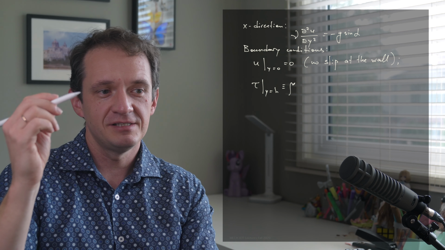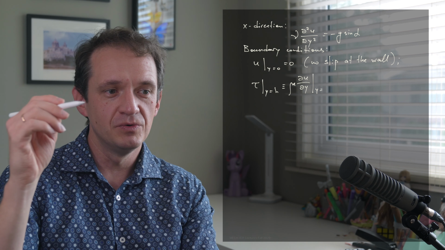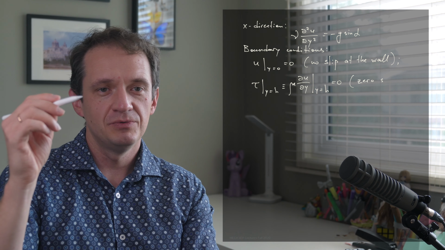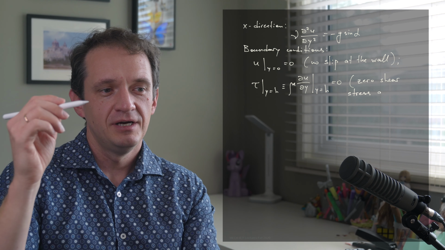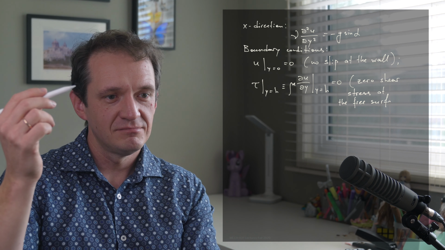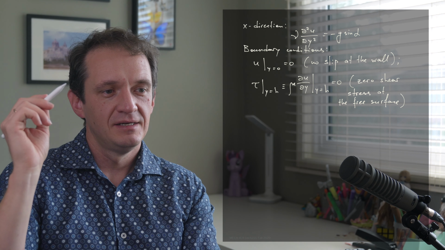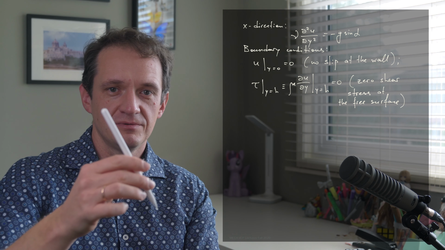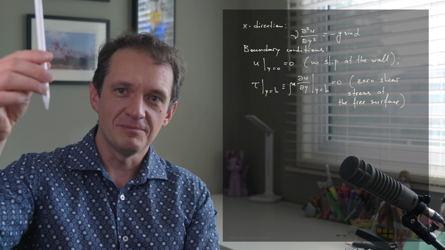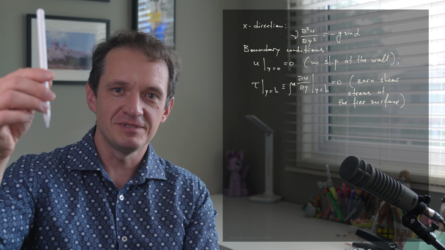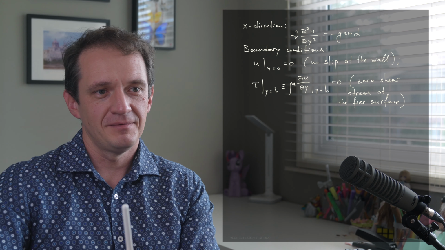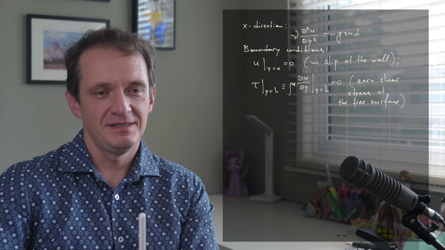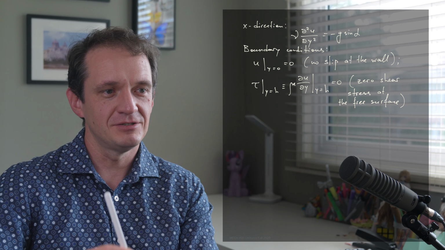The shear stress in the x direction is mu times du dy at y equals h. Mu is viscosity, but the derivative of velocity should be equal to 0 with respect to y, so it kind of comes up vertically. The velocity profile comes up vertically at the interface with the gas, so 0 shear stress.